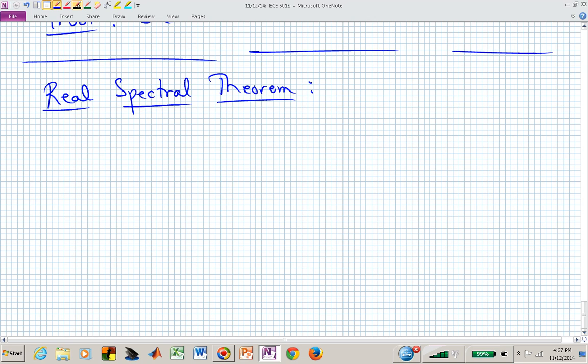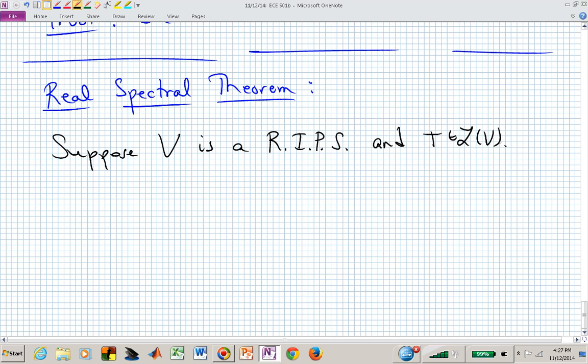The real spectral theorem is the following. Suppose V is a real inner product space and T is a linear operator on that real inner product space.